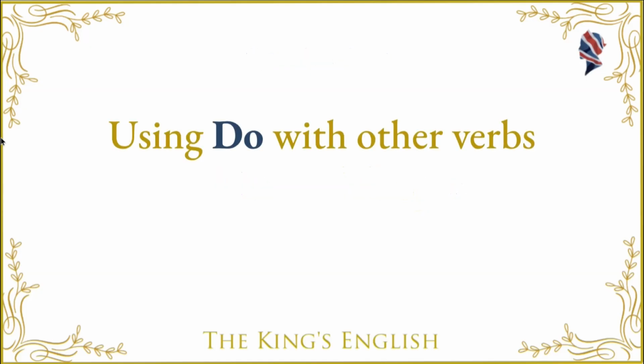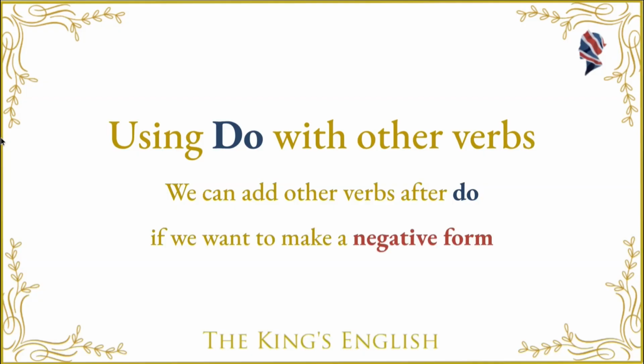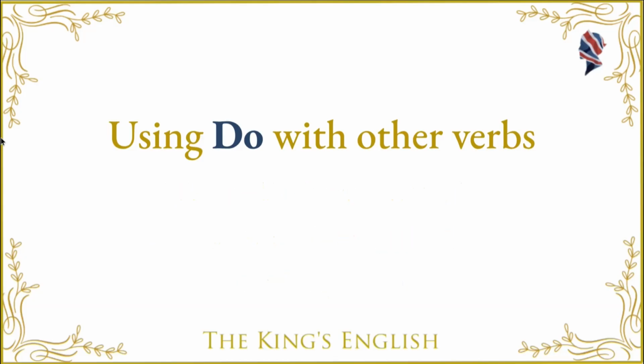Using do with other verbs. We can add other verbs after do if we want to make a negative form or ask a question. Using do with other verbs, negative form.